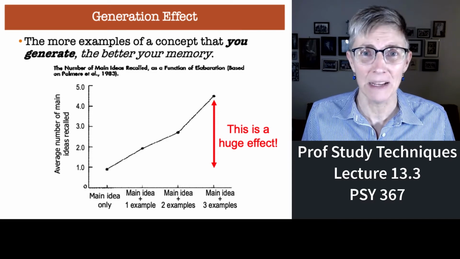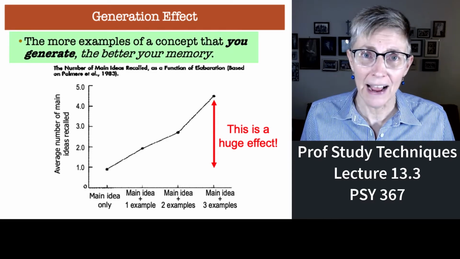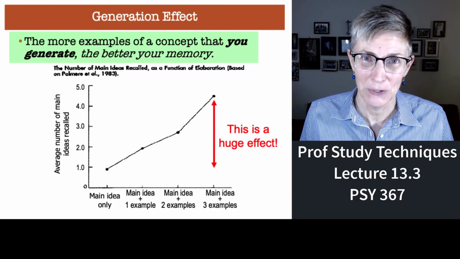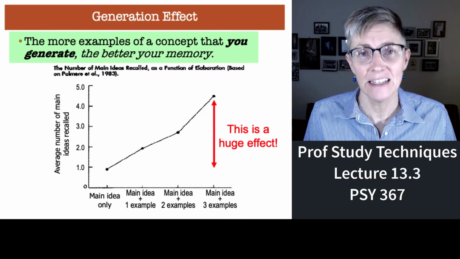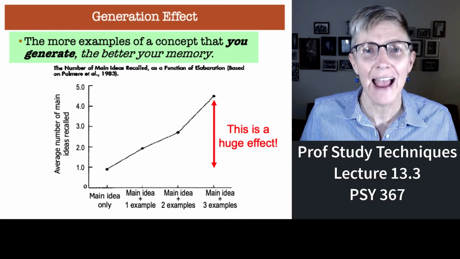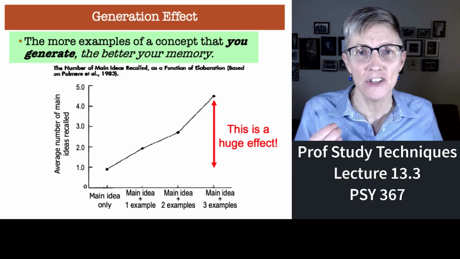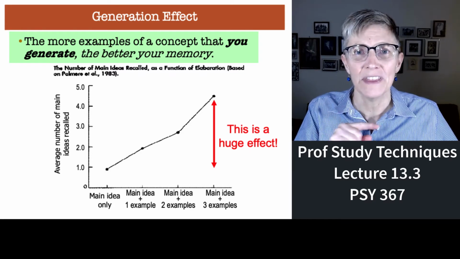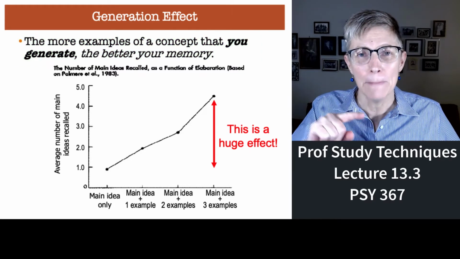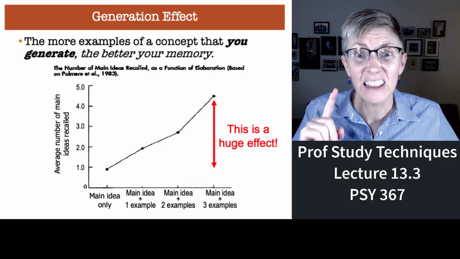Not to entertain myself, but because this graph should humble you. This is a graph of how well people could remember various ideas as a function of how many examples they generated for that idea. And what I want you to see is with each example generated, memory goes up by a lot.